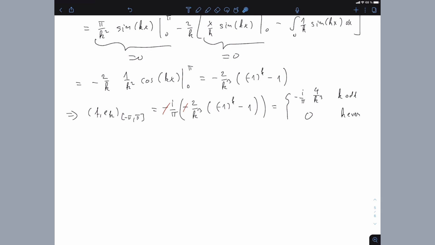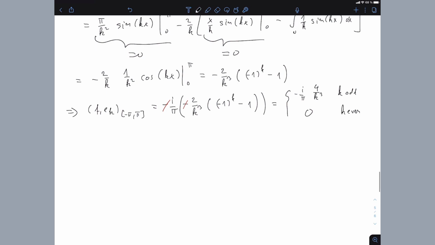Okay, now we also have all the tools to show an important theorem that tells us how to sample functions that only have a certain bandwidth.